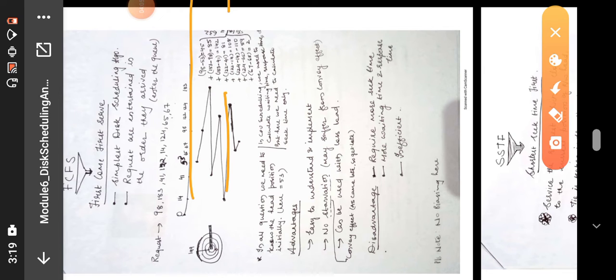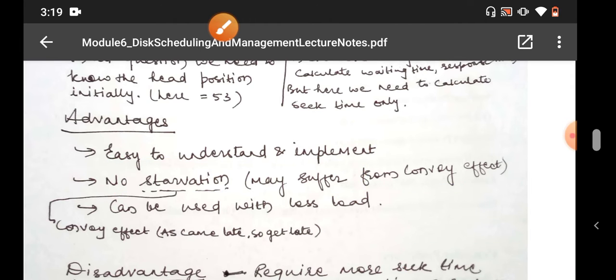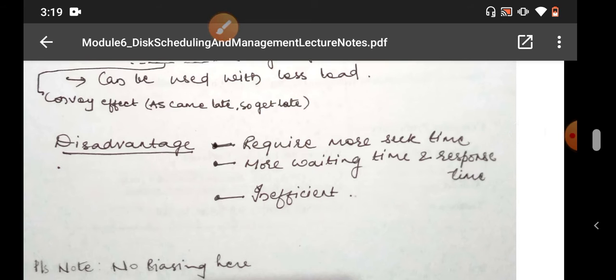FCFS works in a purely unbiased way. Unbiased means it doesn't give bias to any request. In whichever way the request comes, the scheduling of the read write head takes place accordingly.